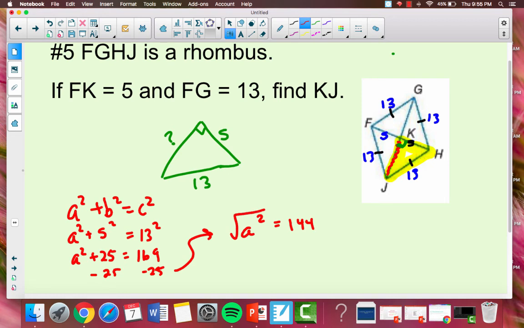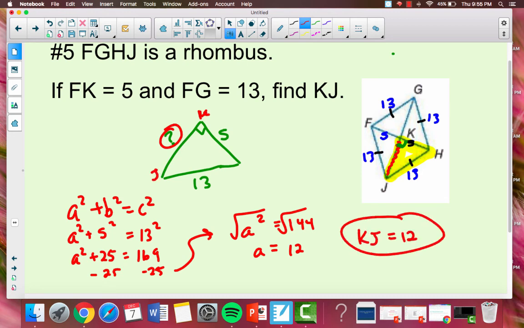Then we take the square root of both sides, and we get that a is equal to 12, which in this case is exactly what we wanted. This was from K to J, so we could say that KJ is equal to 12, and we'd be finished. A rhombus is really nice. A lot of the times when you're dealing with a rhombus, you can use the Pythagorean theorem because you have 4 right triangles.